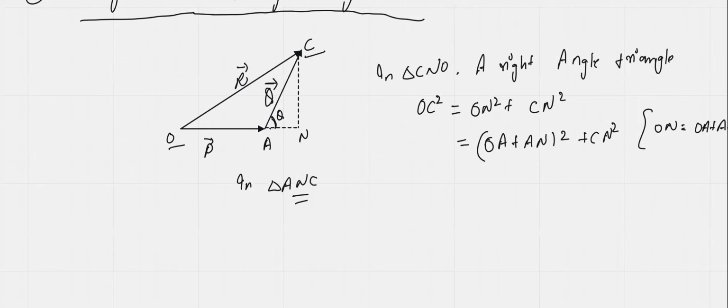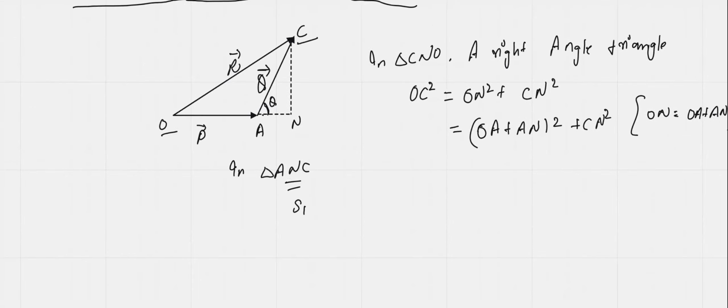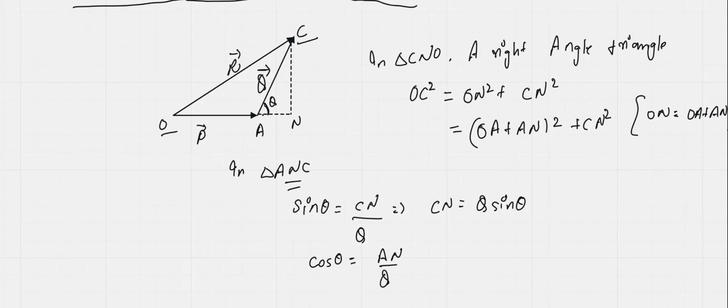Sine theta will be CN divided by CA, which is Q. So I can simply say that CN is nothing but q times sine theta. Also, cos of theta gives AN divided by q, so AN is nothing but q times cos theta. Look at this.